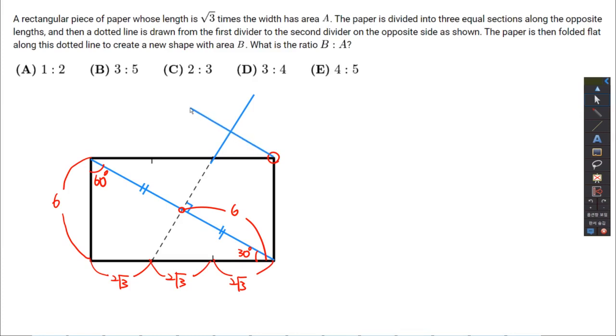Once again, the extension of this crease will be the perpendicular bisector of these 2 points.